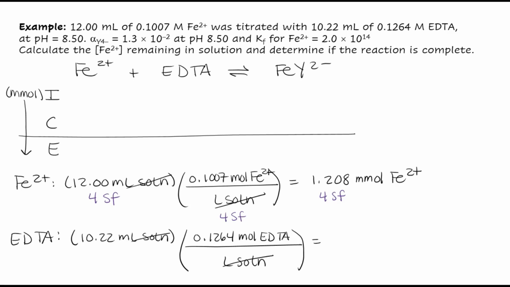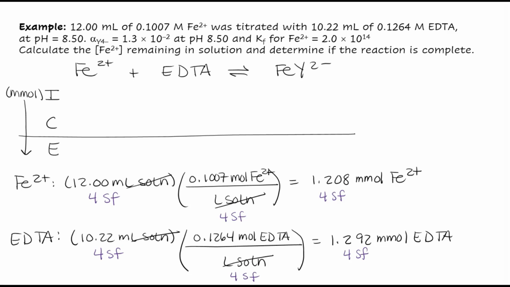Liters of solution will cancel, leaving us millimoles. We have 4 sig figs in our volume, 4 sig figs in our molarity, and our millimoles will be rounded to 4 sig figs. Doing the math, 10.22 times 0.1264 rounded to 4 sig figs gives us 1.292 millimoles of EDTA.